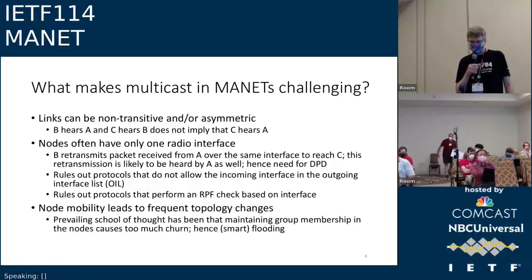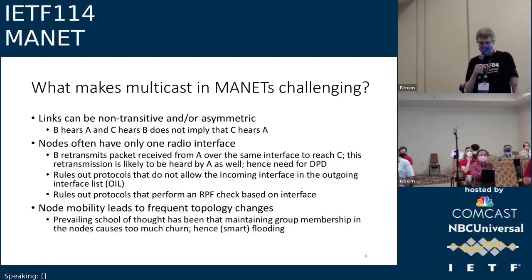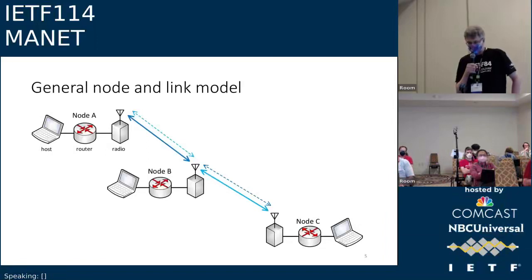This has some implications for some existing multicast protocols or mechanisms that do not allow the incoming interface in the outgoing interface list, or that try to do a reverse path forwarding check based on interface. And then there's, of course, the node mobility that leads to frequent topology changes. And it's thought that maintaining group membership on all the intermediate nodes causes too much churn because it has to be updated all the time. And hence, smart flooding approaches are used.